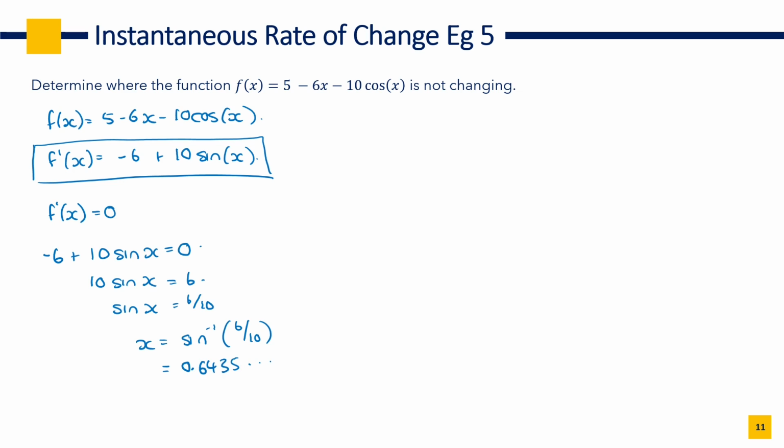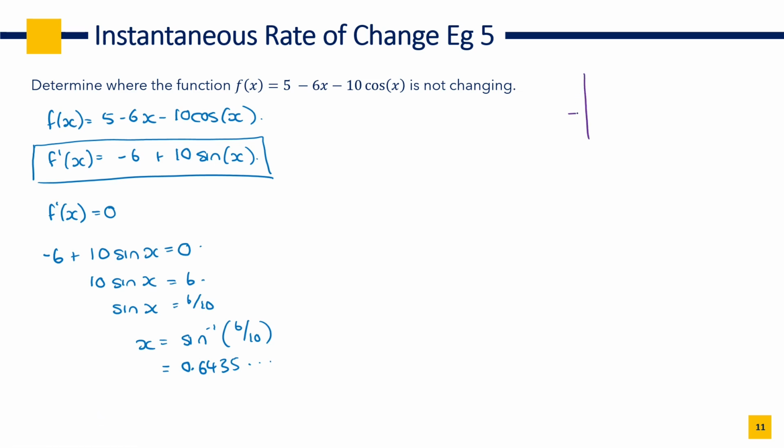So at this moment in time, you may be like, okay, I'm done. You have to remember that when you have cos, sine, and tan, things repeat, and there's certain things you need to consider. So yes, where x is equal to 0.6435, your first derivative will equal 0. But let's just draw this so you can remind yourself.